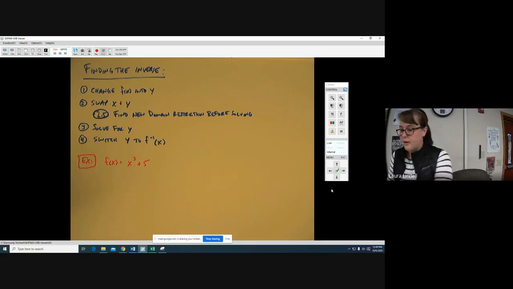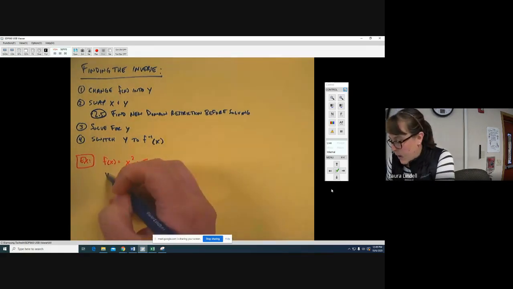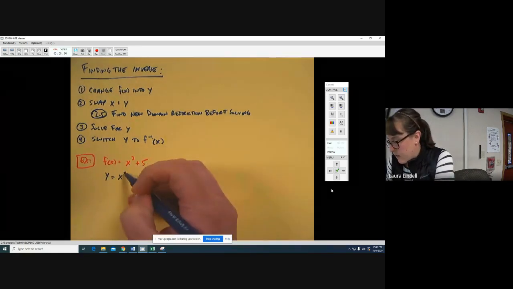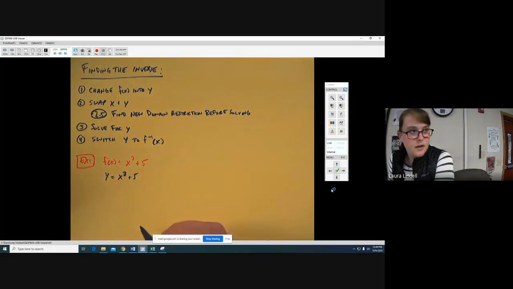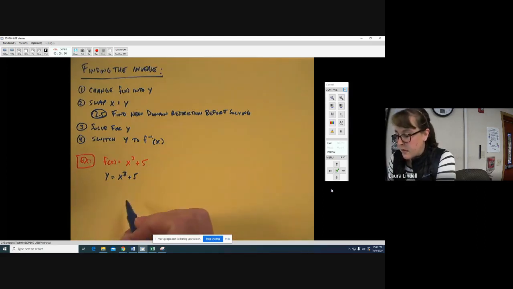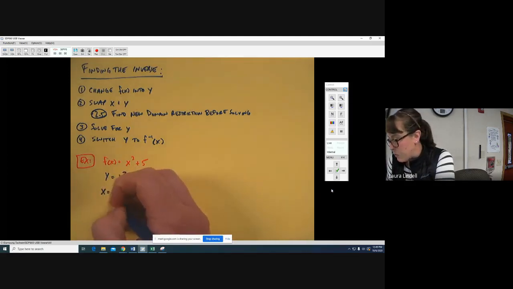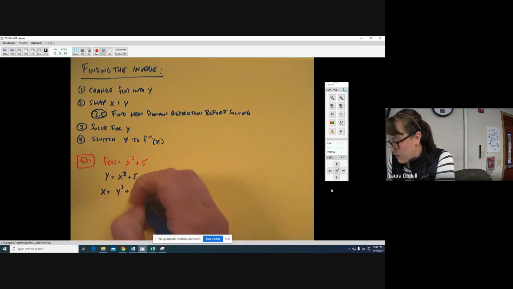So step 1, make the f of x into a y instead. Step 2, swap x and y. So instead of y equals x cubed plus 5, it's going to be x equals y cubed plus 5.